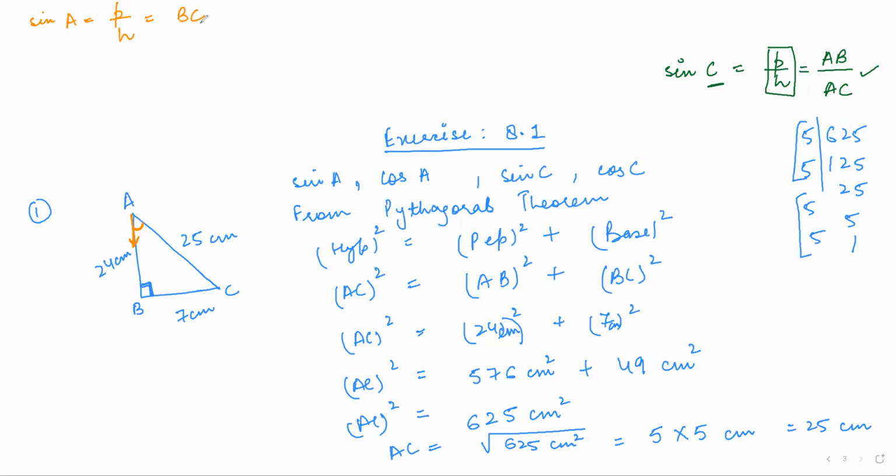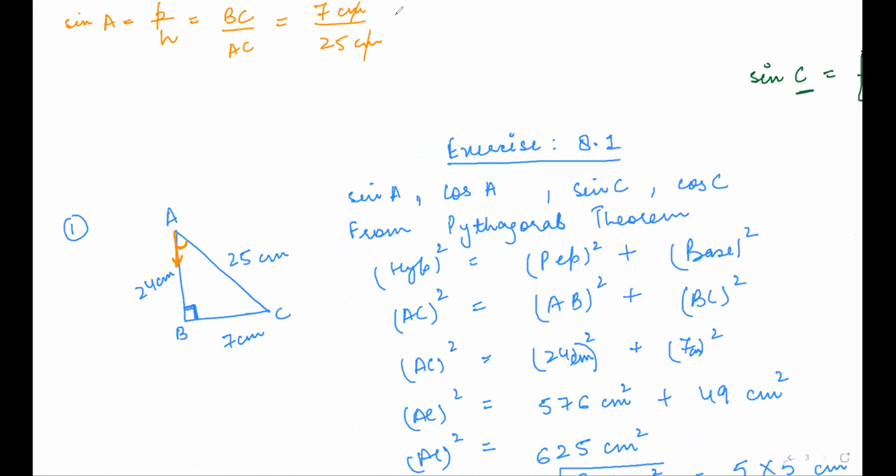BC, and hypotenuse is the longest side, which is AC. Now BC is 7 centimeter. AC is 25 centimeter. So centimeter actually cancels out and it is simply 7 by 25. Because it's a ratio, it's not going to have any units. It's just a number.